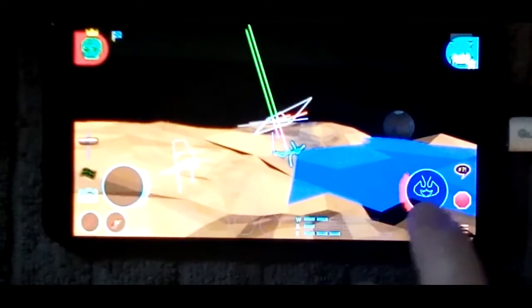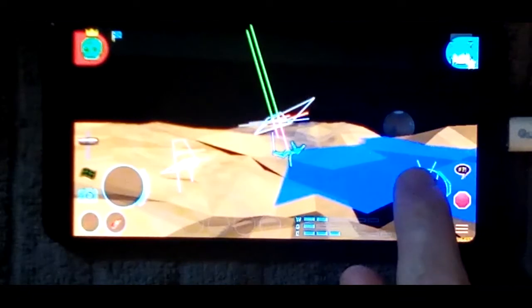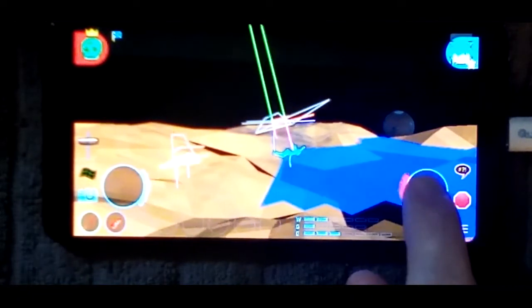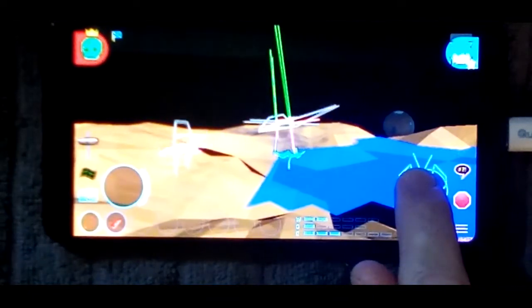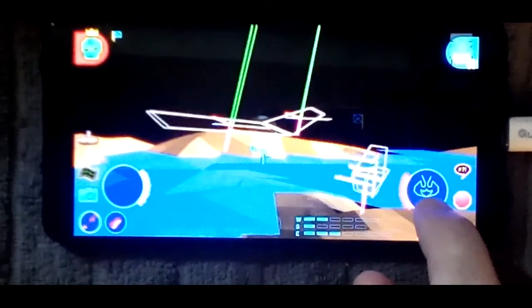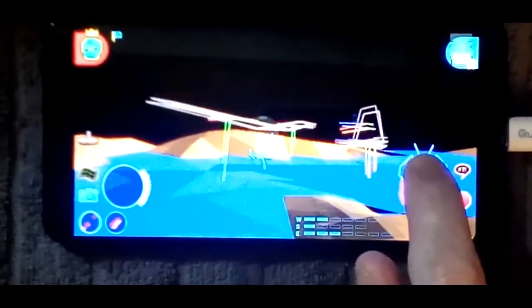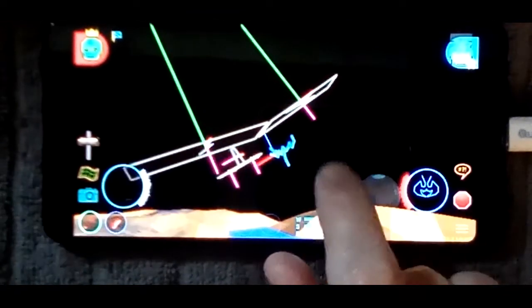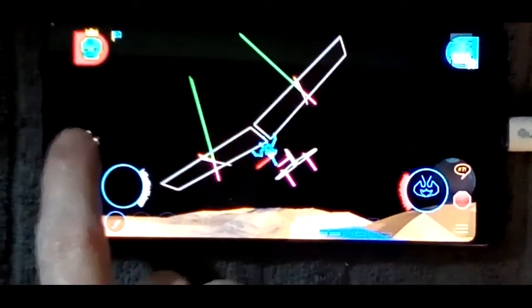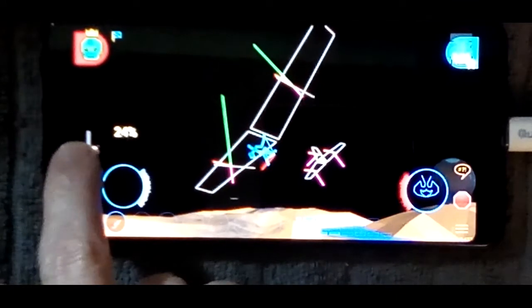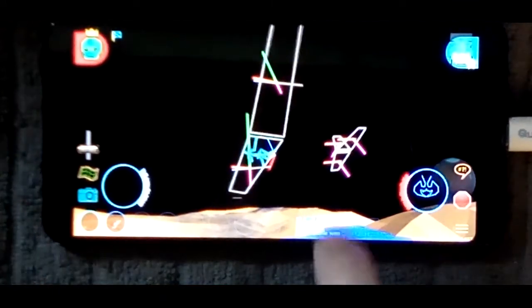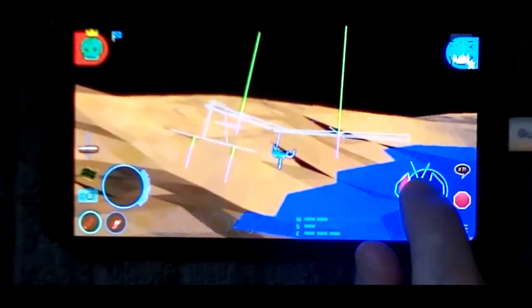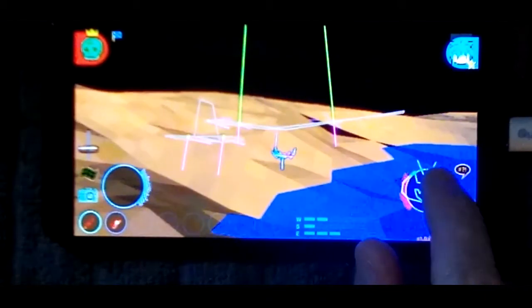What happens if I try and force this down into level flight? Get that angle of attack lower. Forward. So let's cut the throttle down to 20%. Should check that.